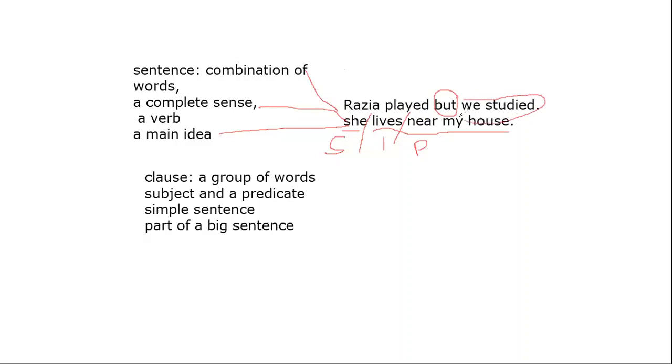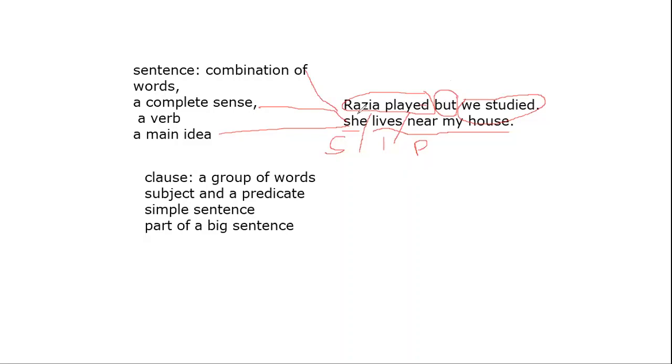Razia played is one part, one sentence. We studied is another sentence. So two sentences are joined with the conjunction but. So a sentence contains a complete sense, at least one verb and one idea.